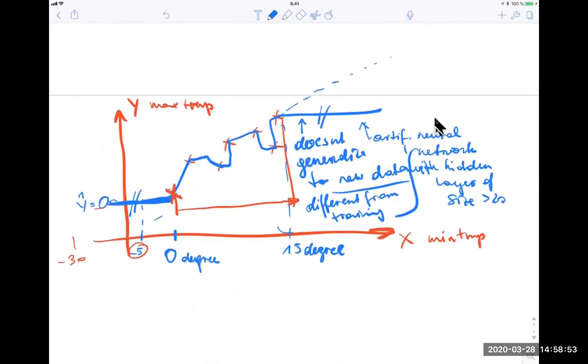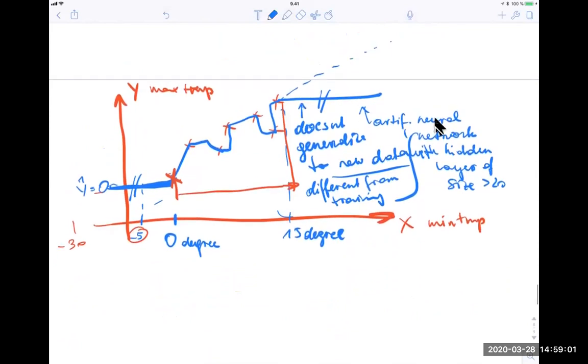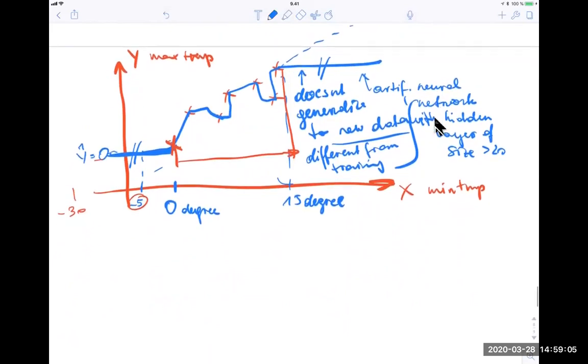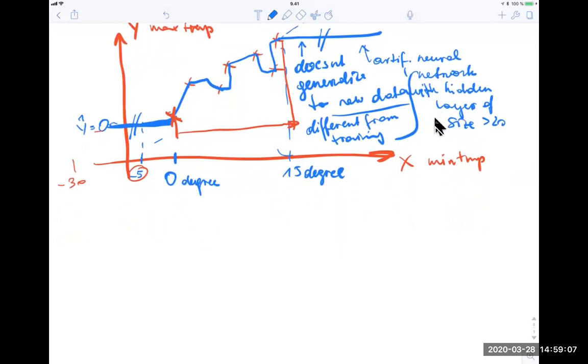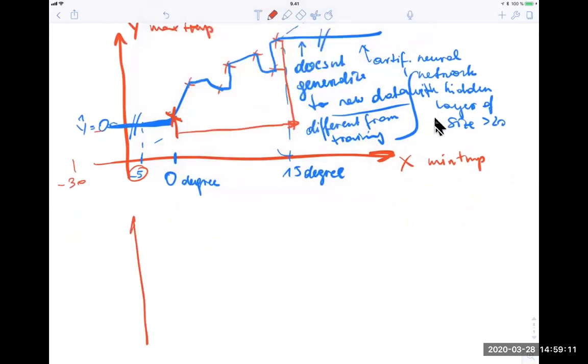What is the basic technique to find out if zero training error means that it's really a good predictor? Yes, very good comment from one student. We have to split the data.